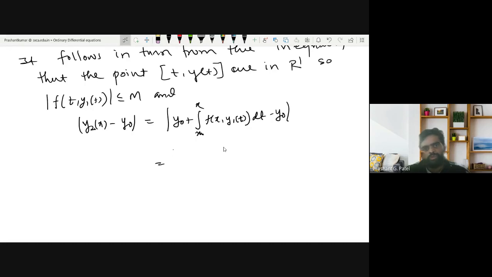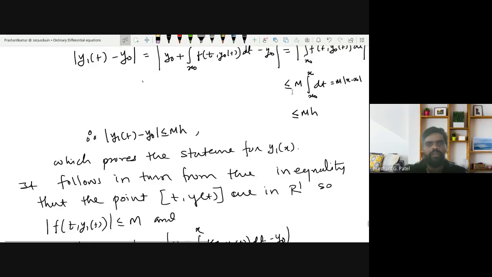So this will give you integration from x0 to x of f of t comma y1 of t dt, and that is less than or equal to Mh. We can prove it in the same manner as we did here.